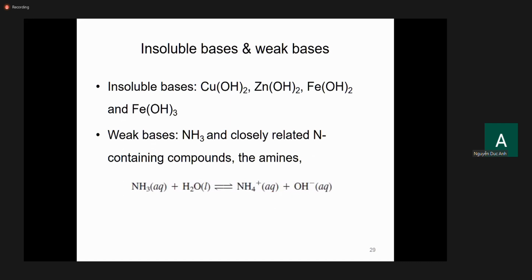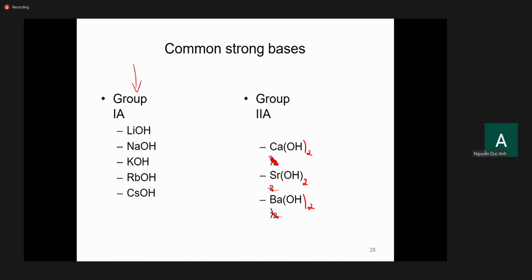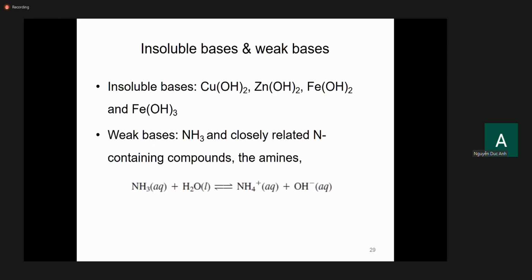So for the group 1A and group 2A, there are some metals and they can generate strong base. What about the other metals? When you have some other metals, especially in the case of transition metals, normally when they form a compound with hydroxide ions, for example copper hydroxide, zinc hydroxide, or iron hydroxide, this one is insoluble in water.